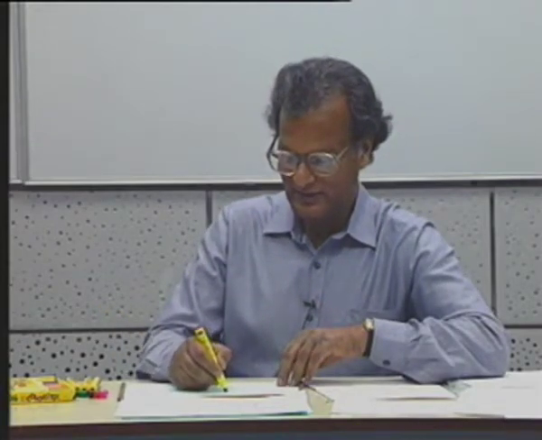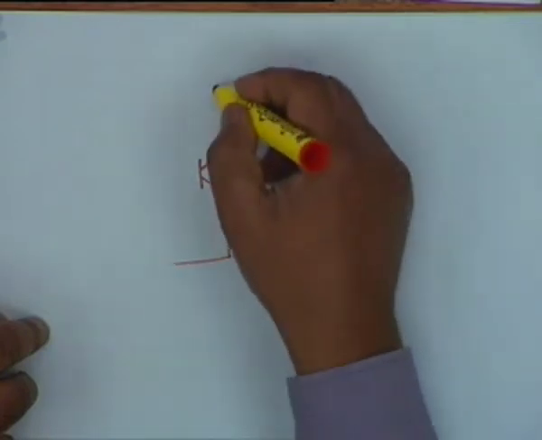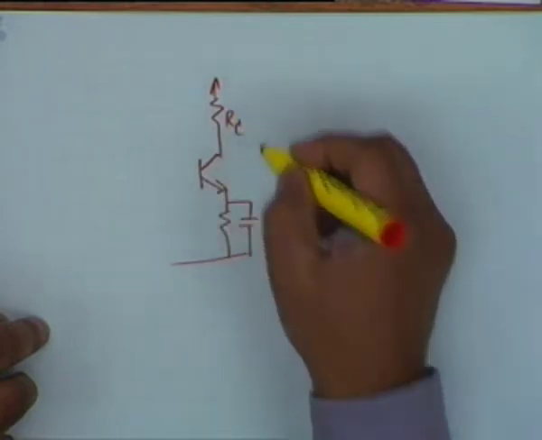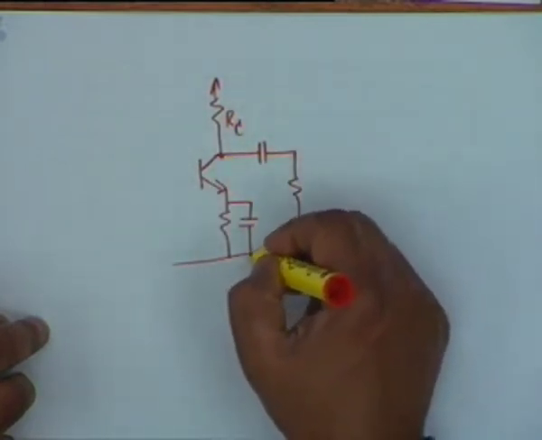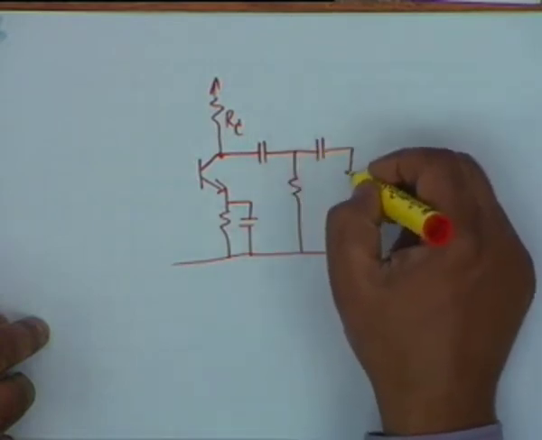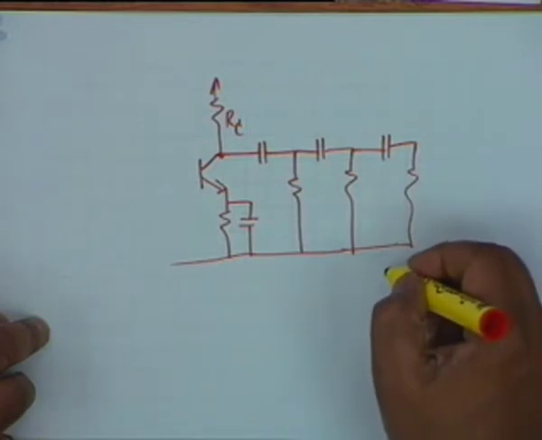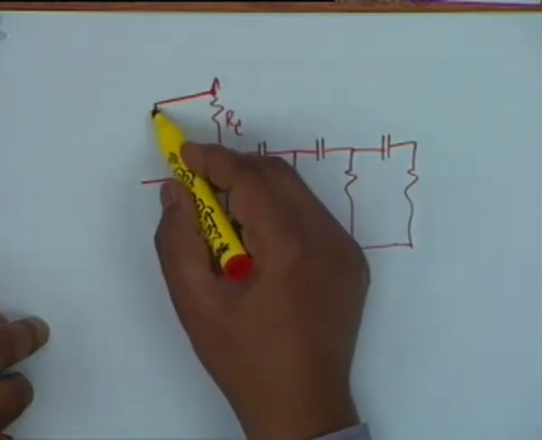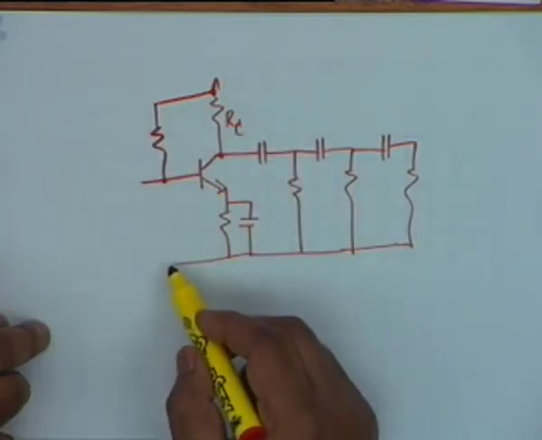will be like this. You have a BJT, then you have an R sub C, CR, this is the feedback network now, CR, and this goes to, do you need another resistance here?